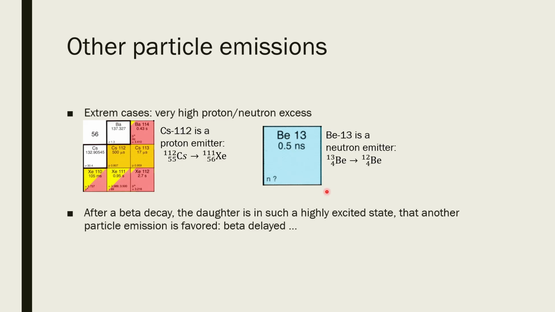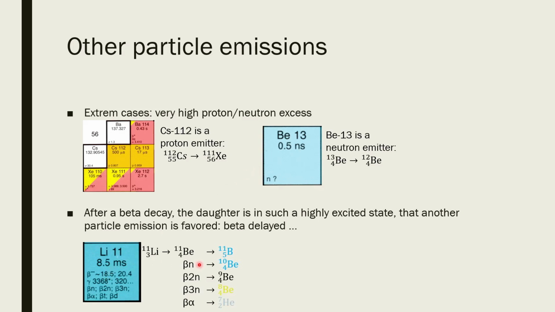Sometimes, after a beta decay, the daughter is in such a highly excited state that another particle emission is favored above the emission of very high energy gamma quanta. For example, we have lithium-11, and these particle emissions that occur directly after a beta decay are called beta-delayed particles.